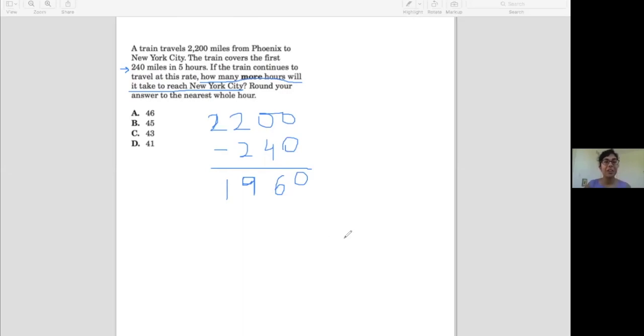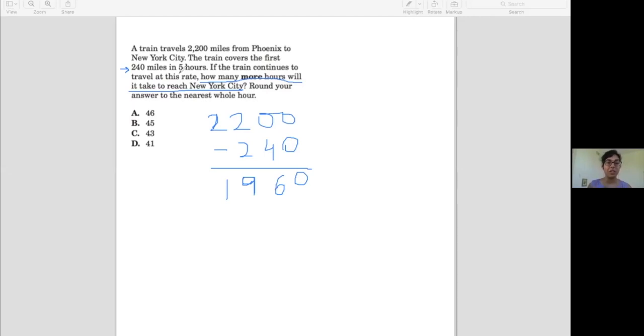And now the heart of this problem is to set up an equation using ratios that will allow me to solve for what I want to know, right? What I'm looking for, which is how many more hours it'll take to reach New York. So the way I'm going to use ratios for this is that I know it takes 5 hours for 240 miles.